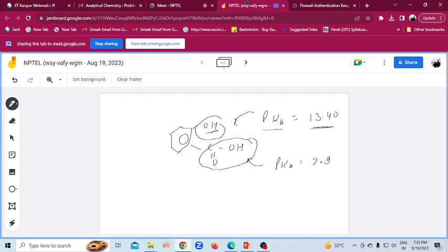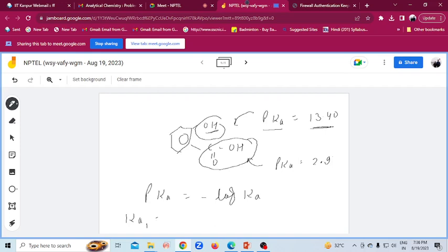So what is pK? pK is nothing but the negative logarithm of K. Now suppose we discuss two examples. You have two Ka values.